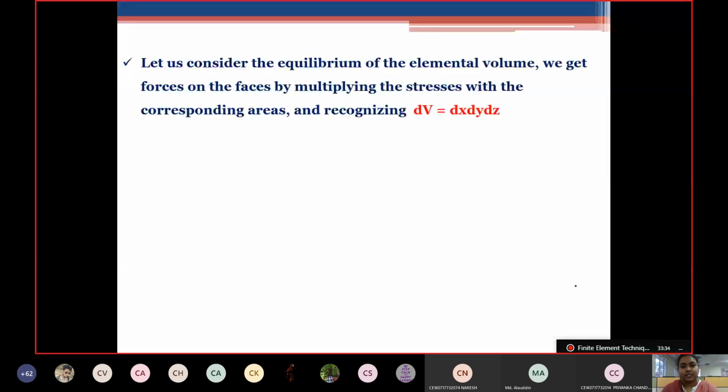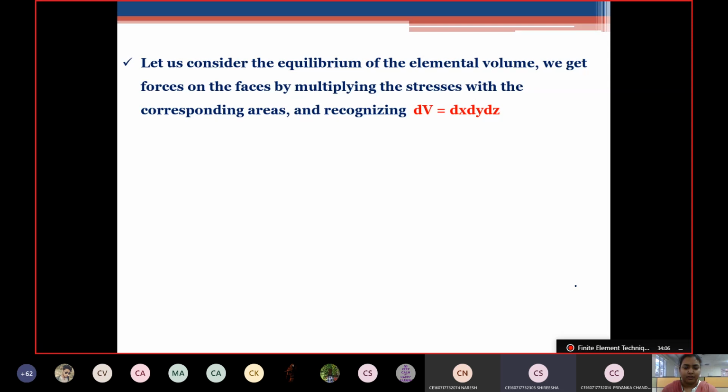Now, let us consider the equilibrium of the elemental volume. Now, anyone unmute yourself and tell me what is equilibrium constraint. Anyone? You're in the final year, you cannot tell now what would be the equilibrium equations. No one?